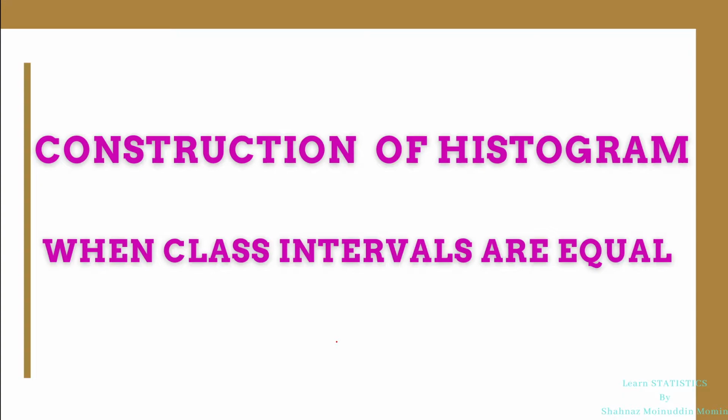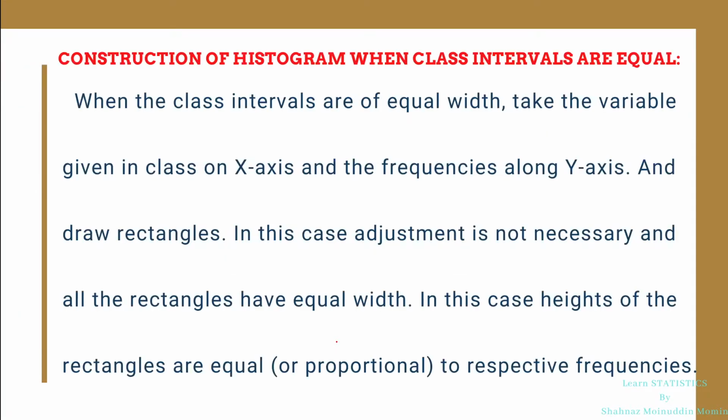construction of histogram when class intervals are equal, means each and every class has an equal width. When the class intervals are of equal width, take the variable given in the classes along the x-axis and frequencies along the y-axis and draw the rectangles.